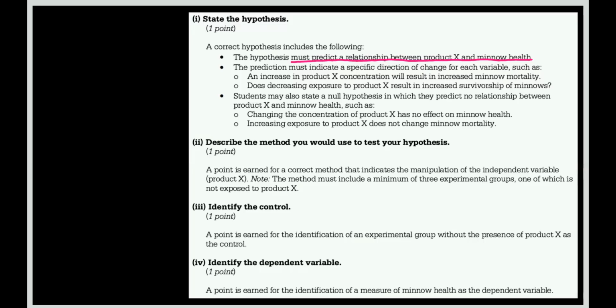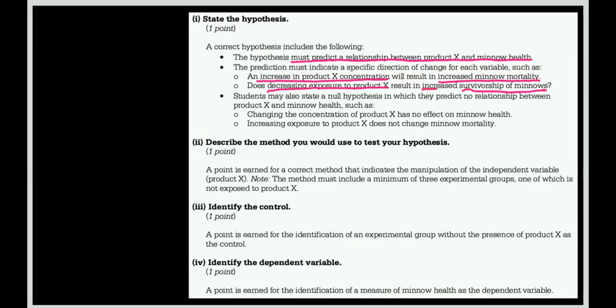They said the hypothesis had to predict a relationship between product X and minnow health, and it had to say a change. So did we say an increase in product X will result in increased mortality, which is basically decreased survivorship, which is what we said, or does decreasing exposure to product X result in increasing survival?